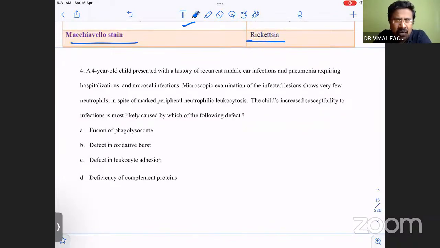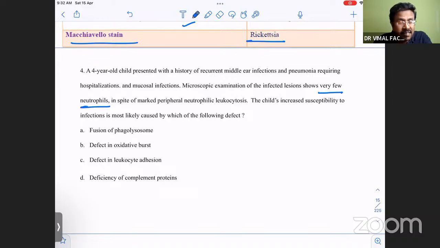A 4-year-old child presented with a history of recurrent middle ear infections, pneumonia requiring hospitalizations, and mucosal infections. So the child has a repeated history of infections. On microscopic examination, the infected lesions show few neutrophils.